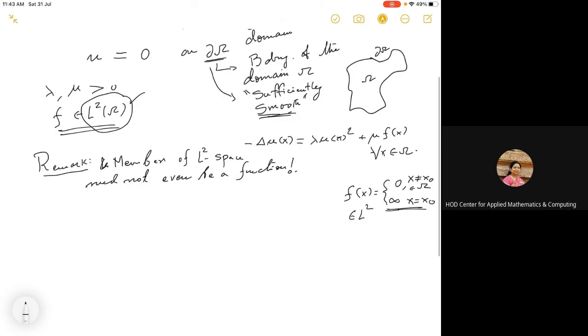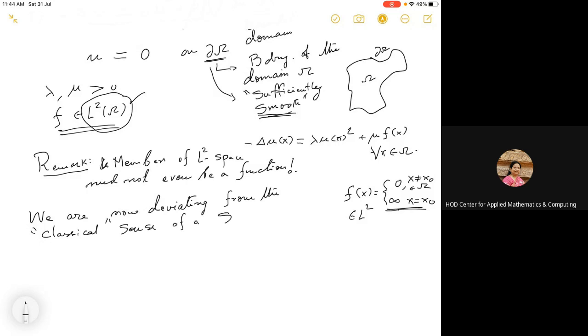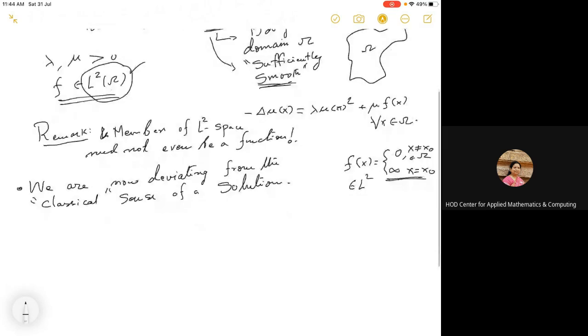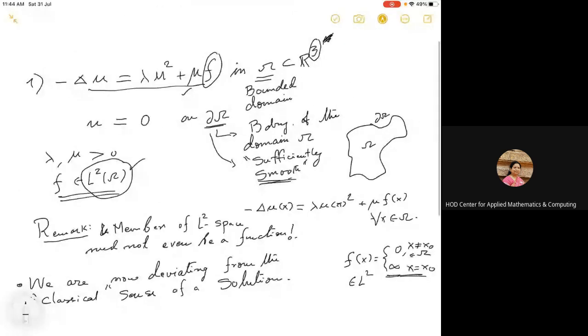So we are deviating from the classical sense of a solution. And this is what we will do.